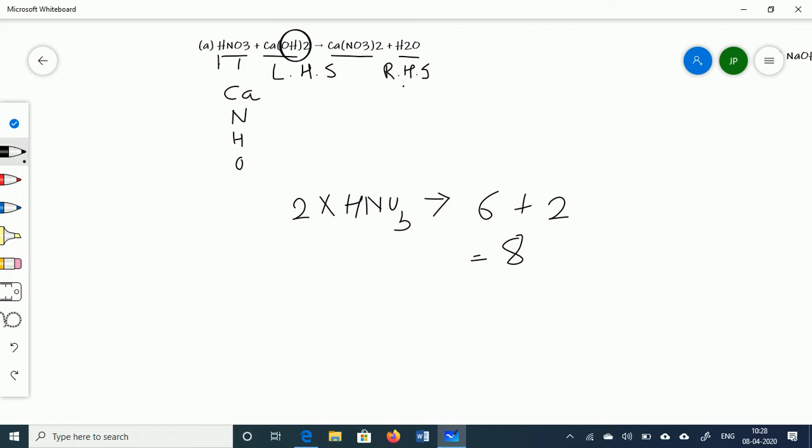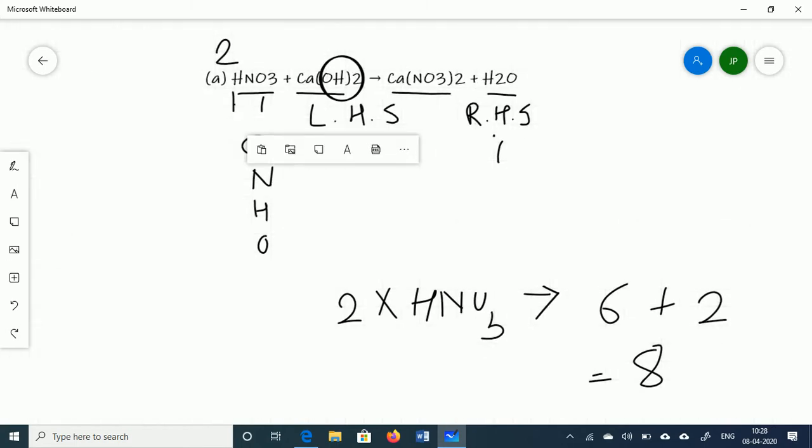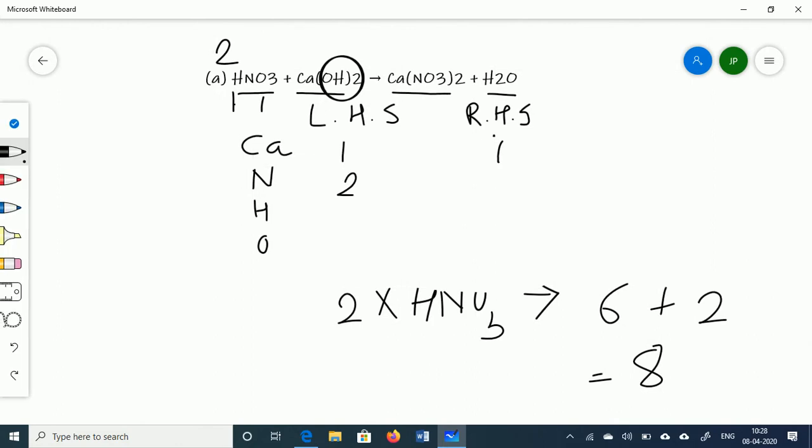Now with 2HNO3, calcium is 1 on both sides. Nitrogen: 2 multiplied by 1, so 2 nitrogen is there, while here also 2 nitrogen is there.